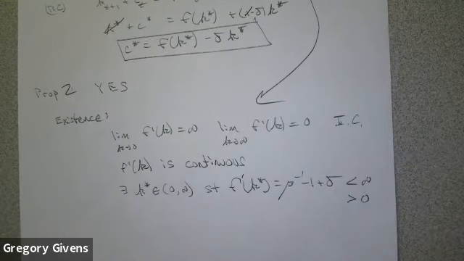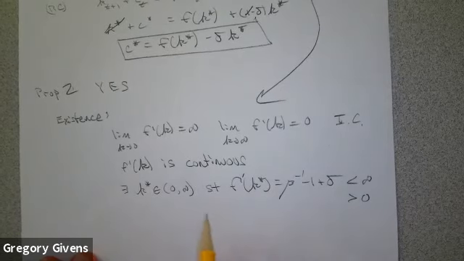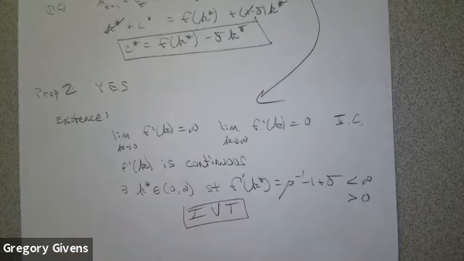So it's the exact same proof that we saw in the Solow model. It relies on the Inada conditions and the continuity of the production function. That's the intermediate value theorem, right?